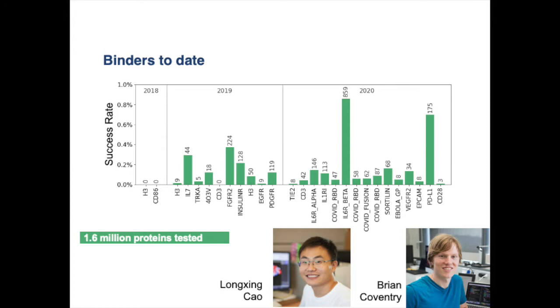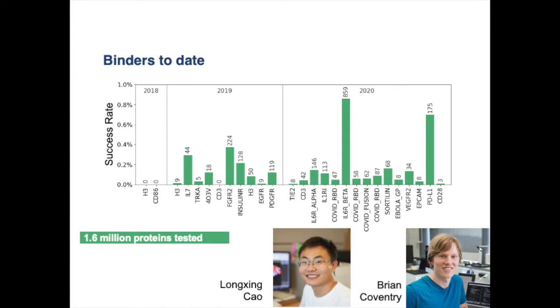There are many people in the Baker Lab who work on binder design projects. So there's many people to thank for the success of this pipeline, but in particular, I just want to highlight Longqing and Brian, who have been working on improving the hit rate, designing binders for which we have no natural examples. This is a great graph that shows that even as recently as 2018, people would order 50,000 designs and none of them would have initial activity.